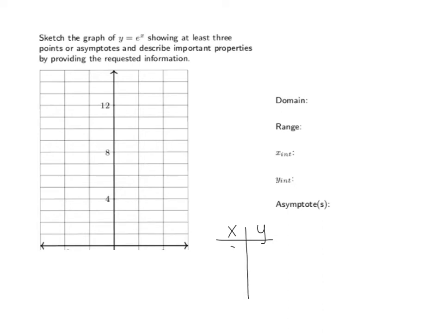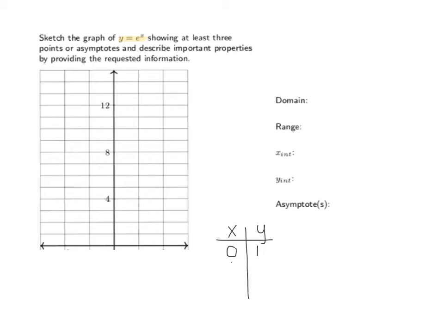So what if I chose 0? If I go back to the equation above, y equals e to the x, I know plugging in 0 means I'm doing e to the 0. Think back to our notes. Anything raised to the 0 power is 1.